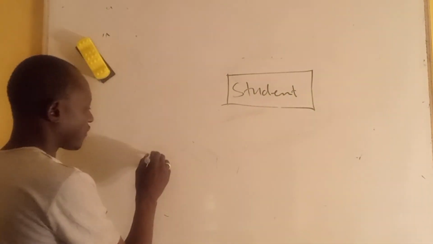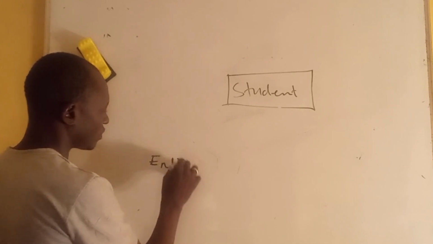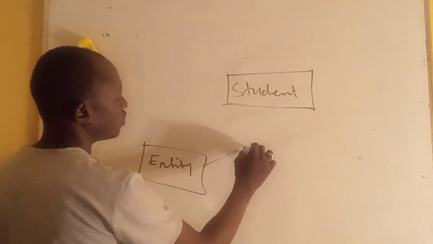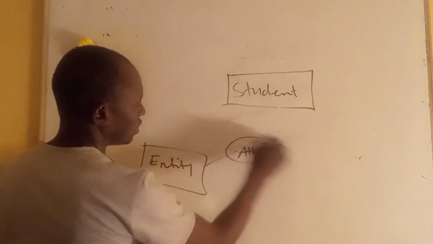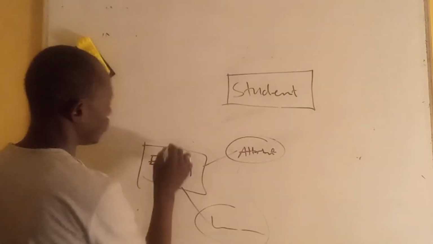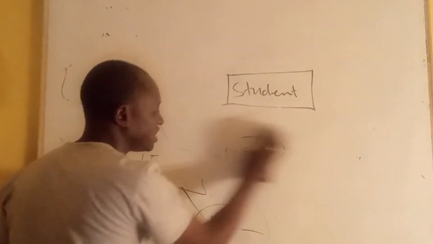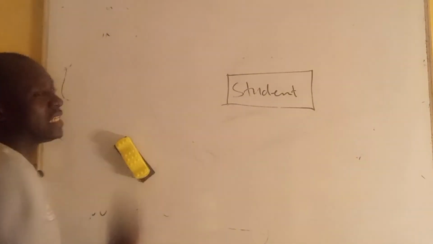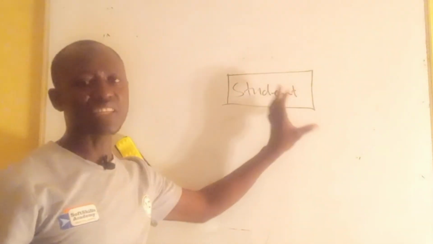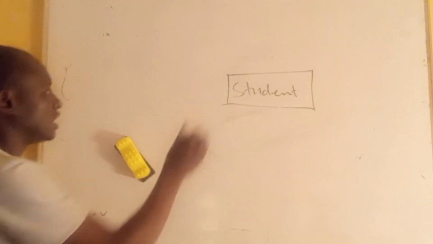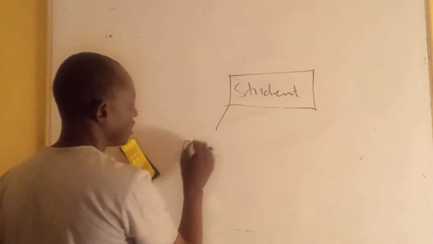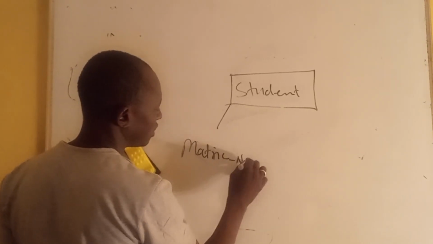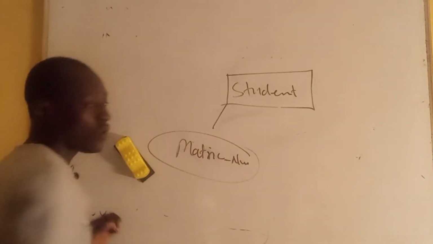In essence, you have an entity like this, then you have attributes, and what have you. So this is what they mean here. It's the same thing that we are trying to explain. You have your student. What are the attributes relating to this student? We might have a matrix number, represented by ovals, right?